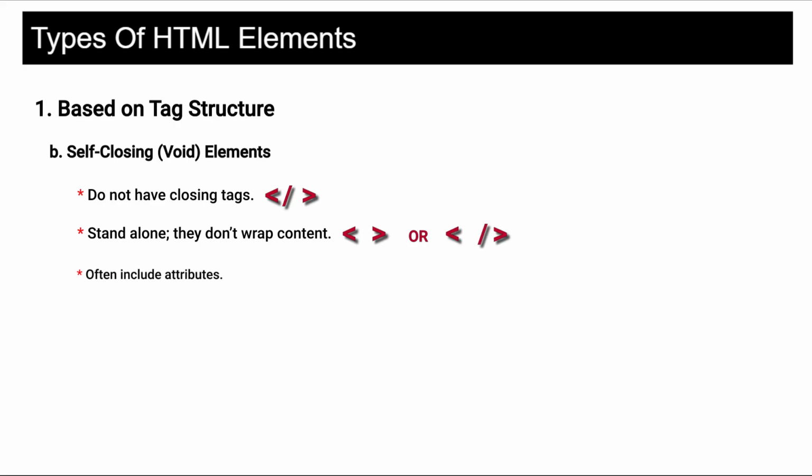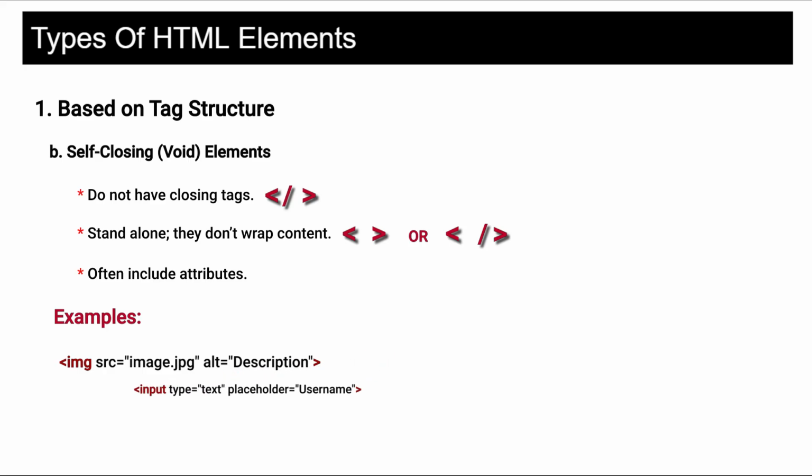Also, they often include attributes. So example is the image tag. The image tag has an attribute of source and also alt. Likewise, the input tag, it also can have attribute of type and also placeholder and others.